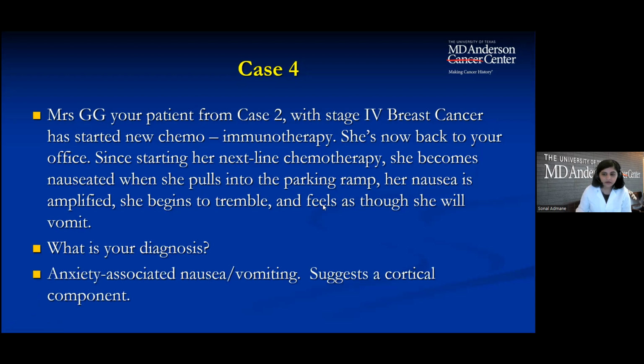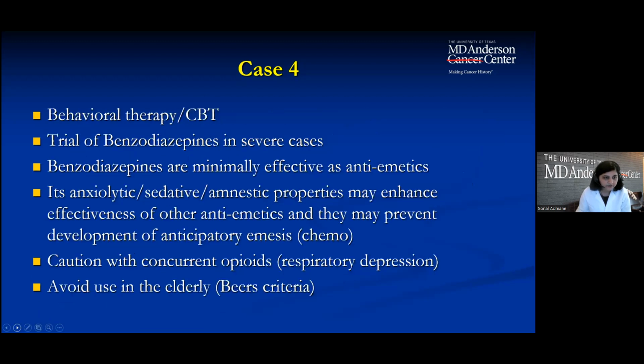So, this is anxiety associated nausea and vomiting, also called anticipatory nausea, which usually has a cortical component. The first line treatment is behavioral treatment or CBT. So this should be tried first rather than going directly to antiemetic agents.